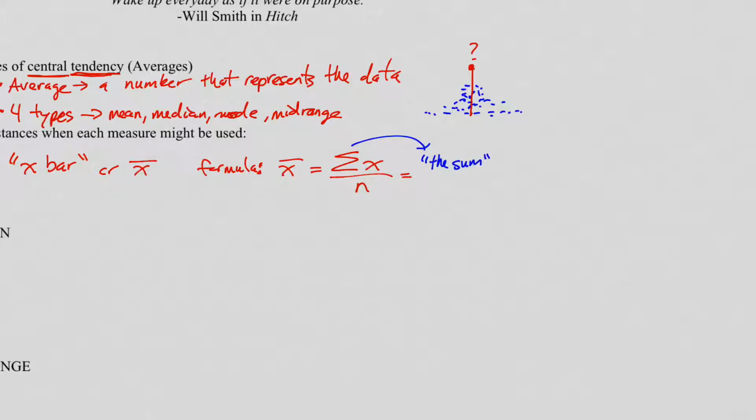It's the capital letter of the Greek S, or what we call sigma. You add up the 3 grades that you have, and you divide by the number of pieces of data.